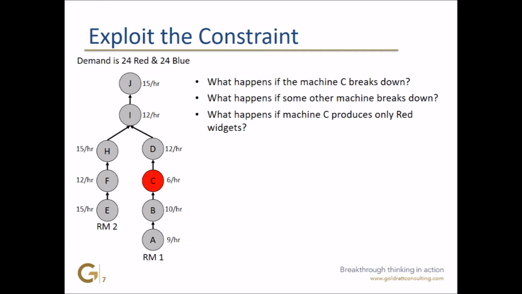But if C breaks down, you're going to produce less than 6. If A breaks down, you may still produce 6. And if, let's say, E breaks down, it may not impact for a long time.